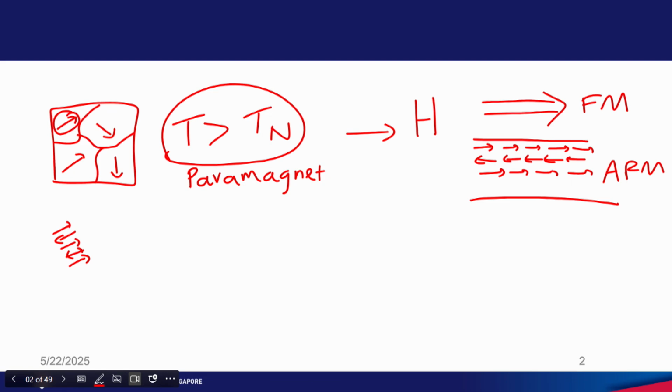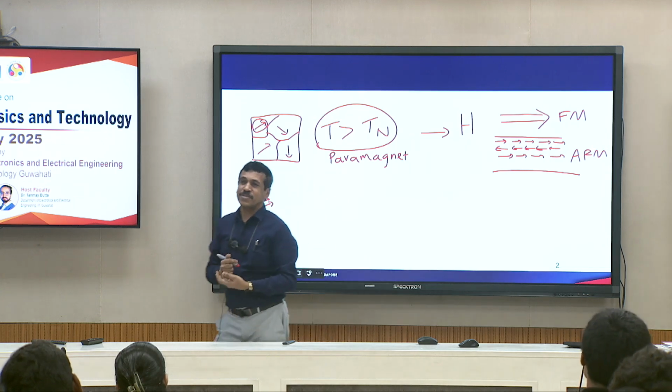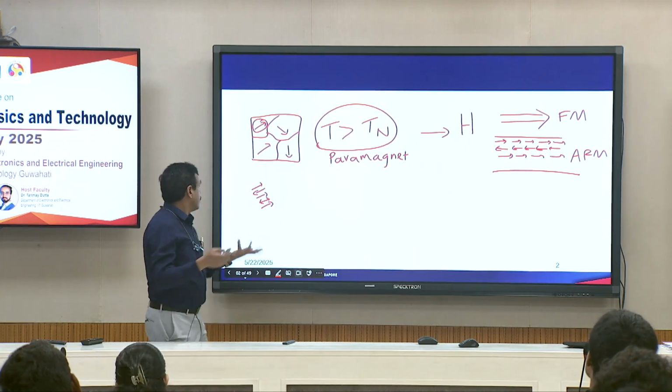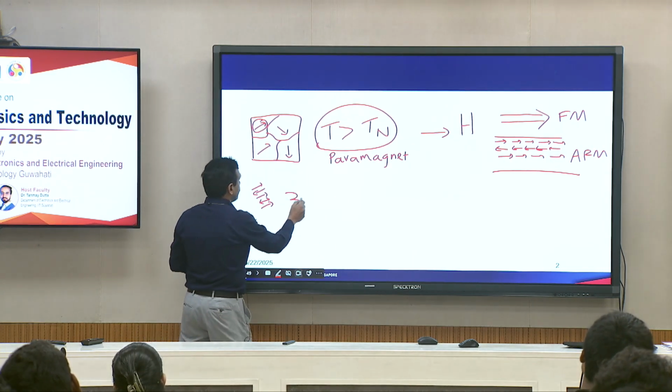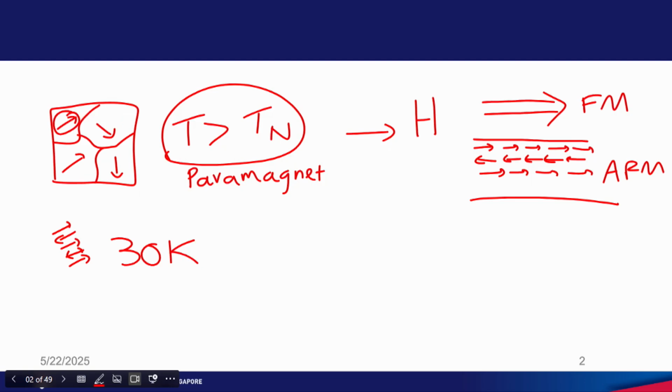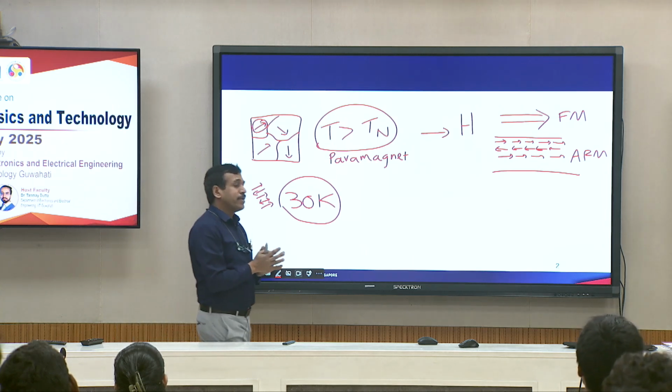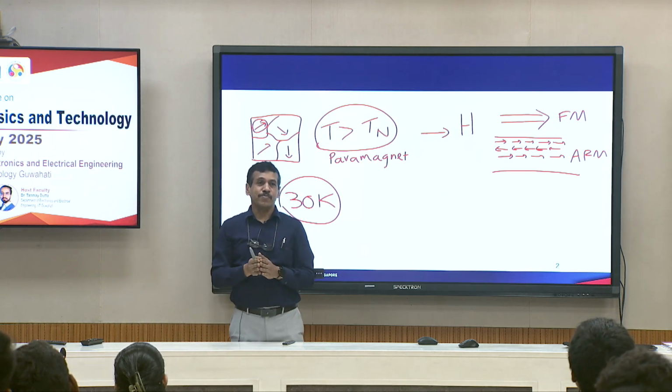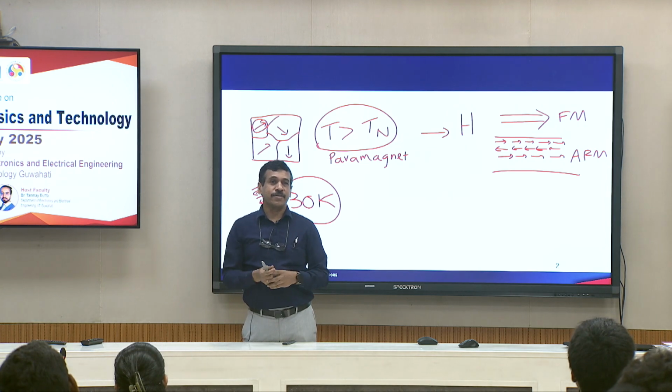Quite often researchers do not bother about temperature. They say they observe some phenomena at 30 Kelvin. 30 Kelvin phenomena is useless for technology. When we are talking about technology, we should be constrained to work on the limitations set by the industry.